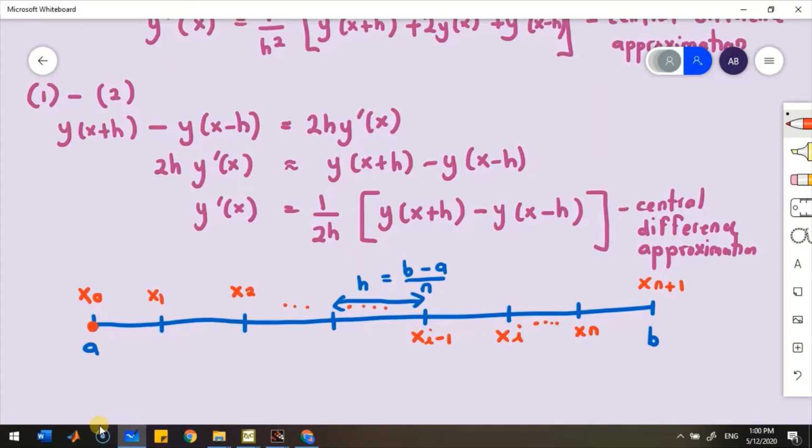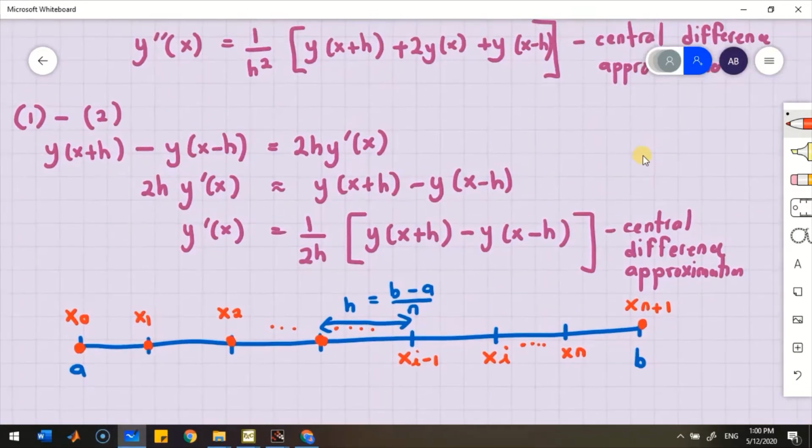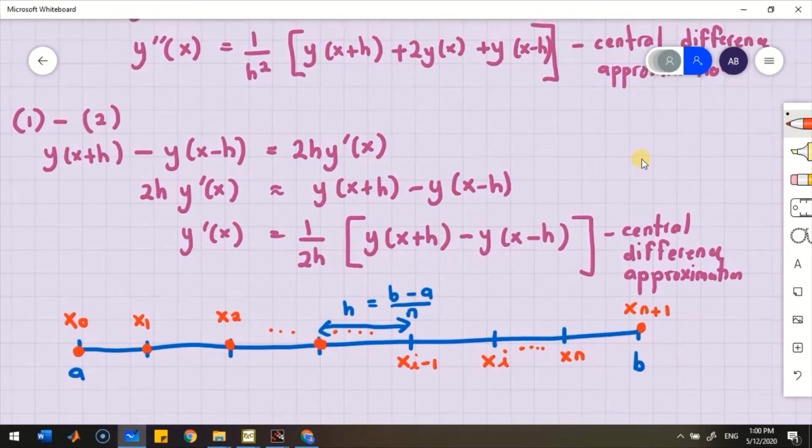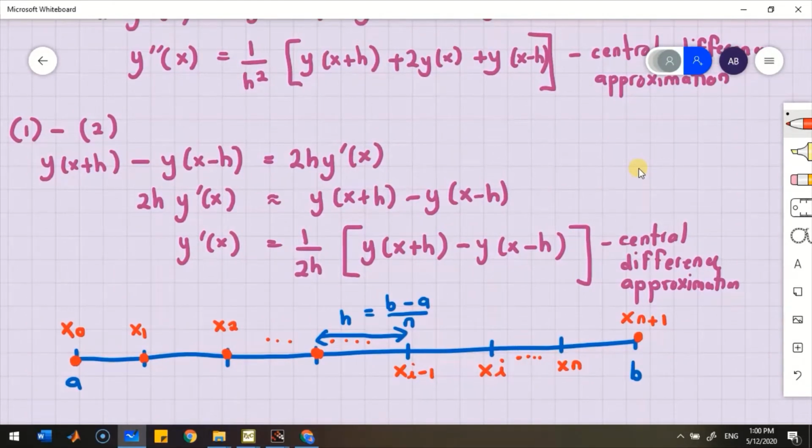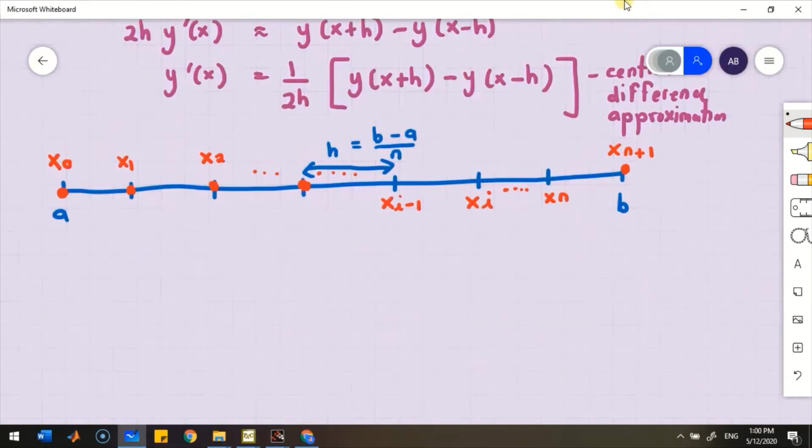So these are all the points if you divide it into equal lengths, which means that now I can approximate my second order derivative by the central difference approximation and write it in the form of xi minus 1 and so on.